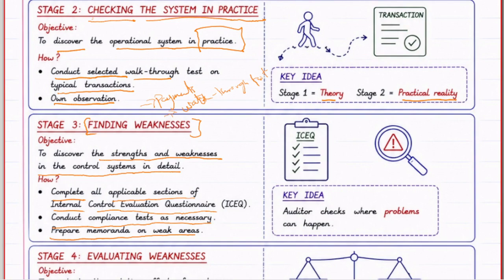What is the key idea of stage 3? The auditor checks where problems can happen based on the information you are given and the practical reality that you are seeing.